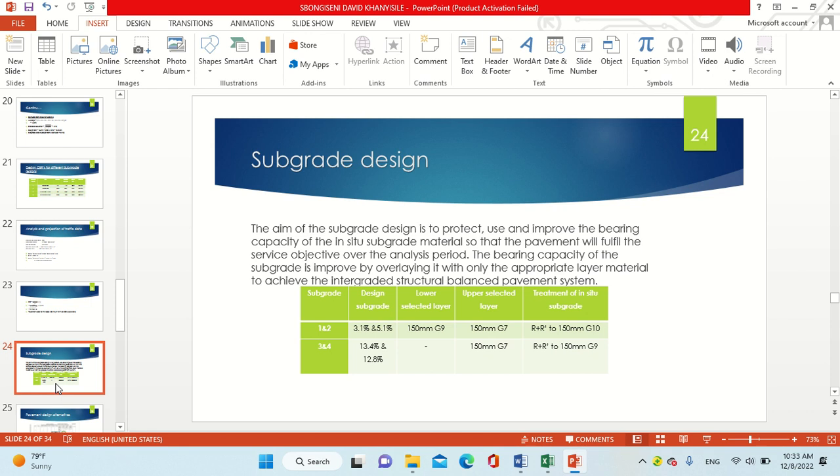I've calculated the subgrade design, the lower selected layer, the upper selected layer, and the last one, which was treatment of the in-situ subgrade.